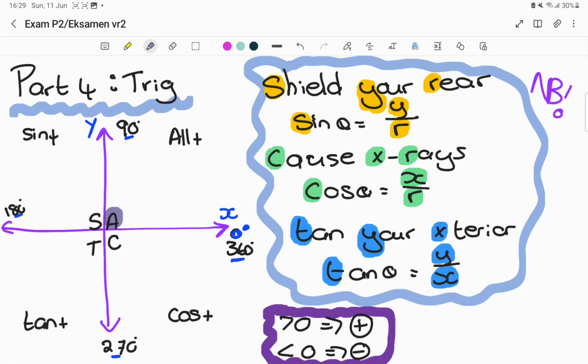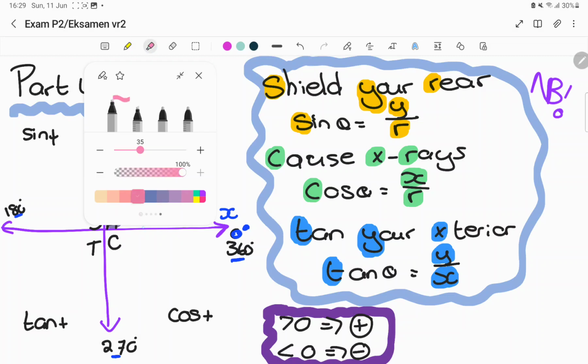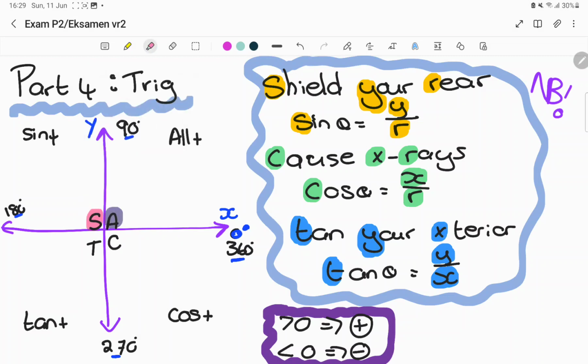Sine is positive, cos is positive, and tan is positive. Then in my second quadrant, I have S, which means that only sine is positive. So if only sine is positive, it means that cos and tan will be negative here.